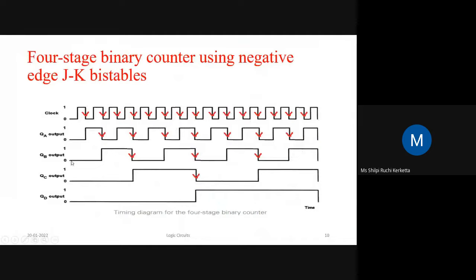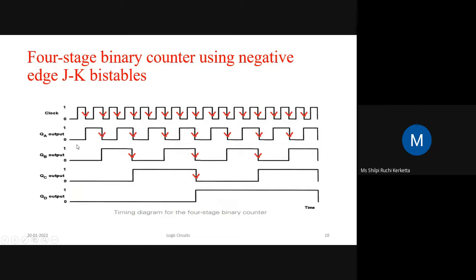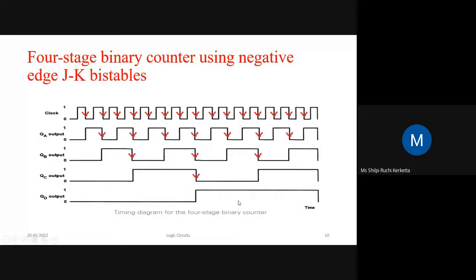Whenever Q0 is changing, only then this next part will change, with negative edge triggering. For the last part, this output will be the clock for this. Whenever this is changing, only then this will change.